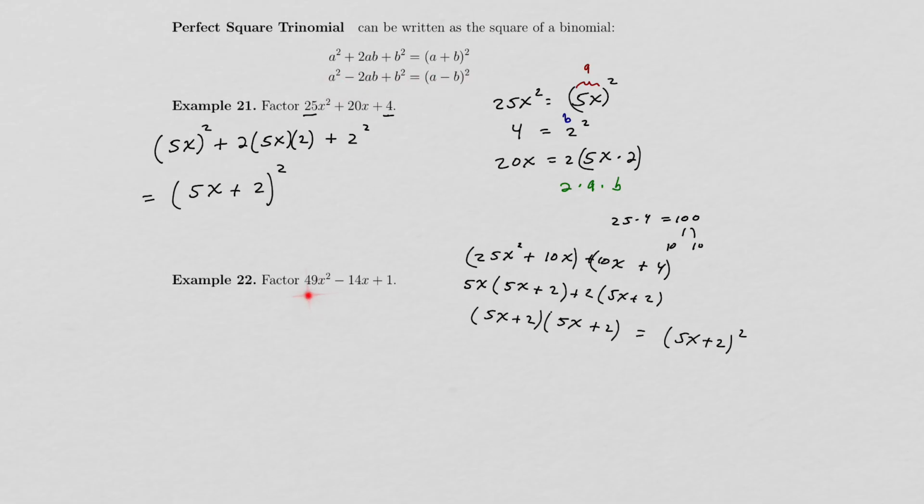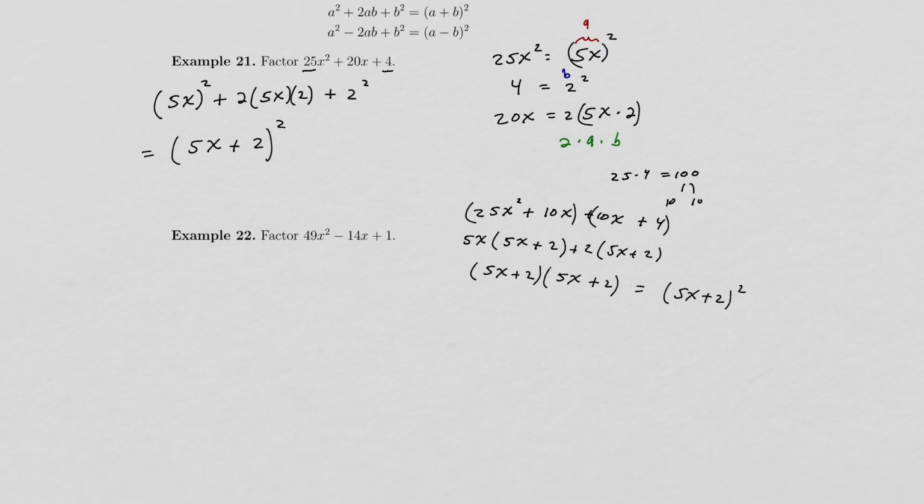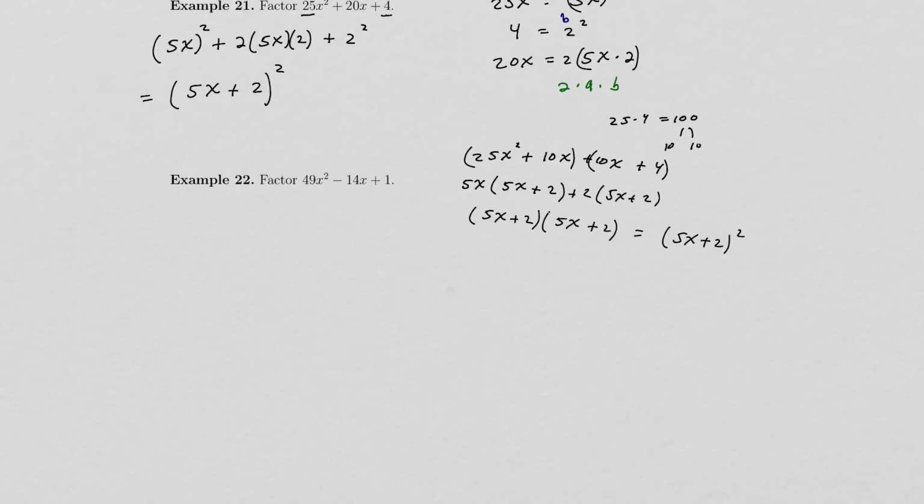If A is 7x and B is 1, because 1 squared gives me 1, then it turns out that 2 times 7x times 1 gives me negative 14x. So it has this form here. So this would factor into A minus B squared. But if that's hard to recognize, which again it is for me, I would just use the AC rule.